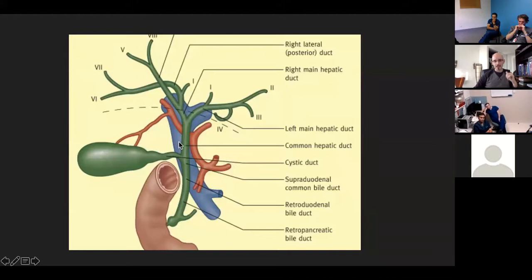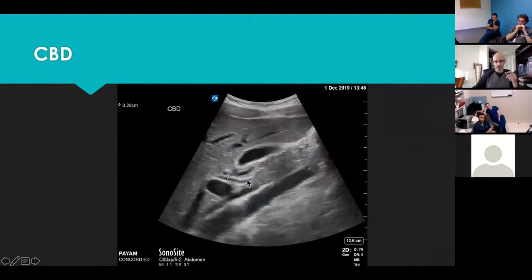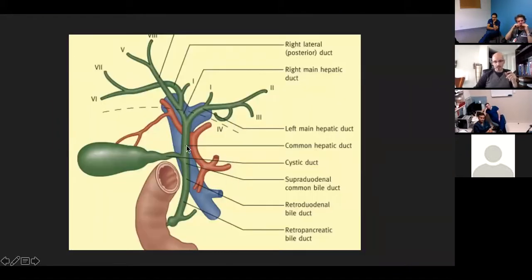And then we see another tube on top of it, the way it would look like here, which can be either the CBD or the hepatic artery. In the normal situation, they both are pretty much the same size. And as I said, because the CBD has bright, thick walls, it can look exactly similar to the artery. So technically, they can be mistaken for each other.